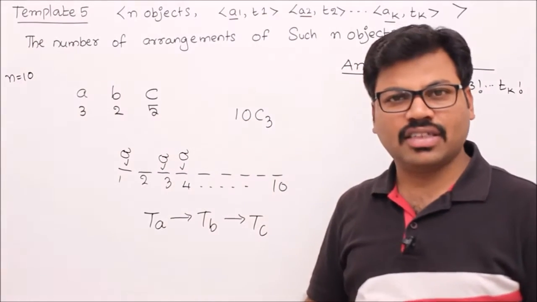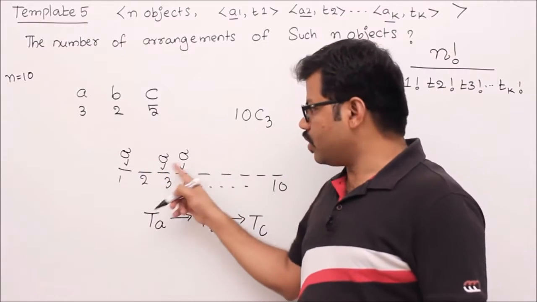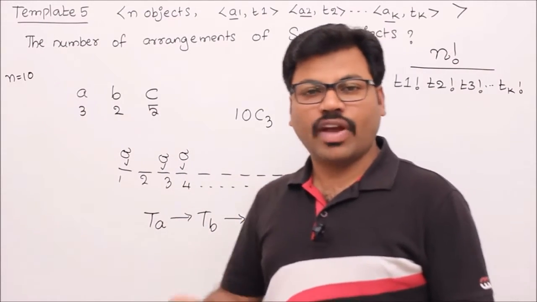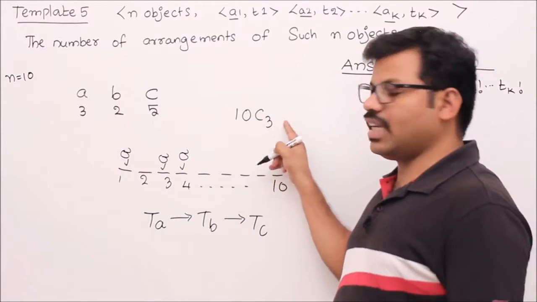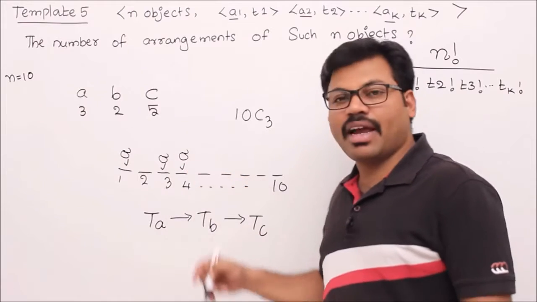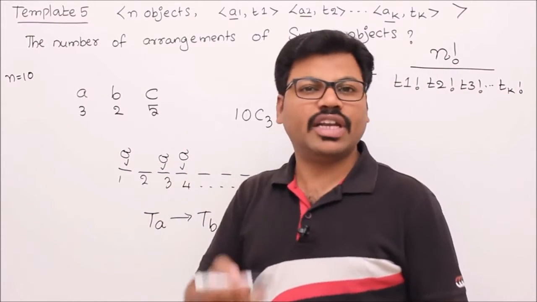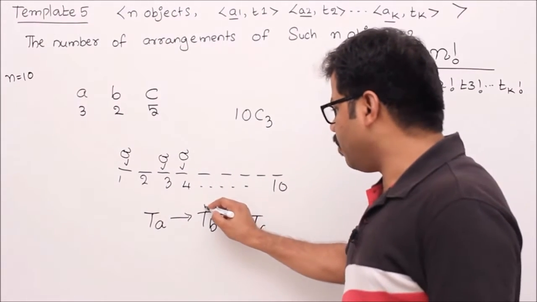You are going to fix A's. But you can do that in only one way, right? Once you select the positions, there is only one way of writing A's. So finally, the job of doing TA can be done only in 10C3 ways. Only here selection matters, but after that arrangement can be done only in one way.